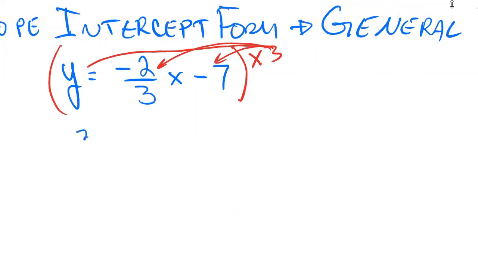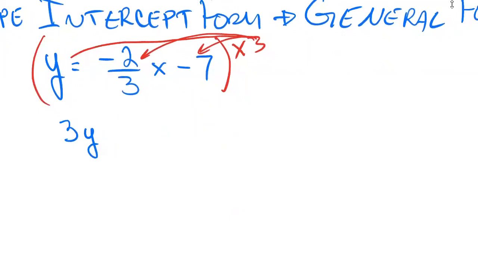3 times y is 3y. 3 times -2/3. And if you don't know that process, here, I'll do it for you right here. -2/3 times 3. This is 3/1. And when we multiply fractions, it's straight across the top, straight across the bottom.